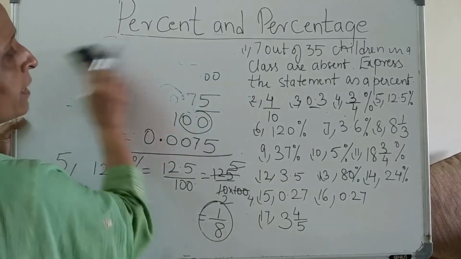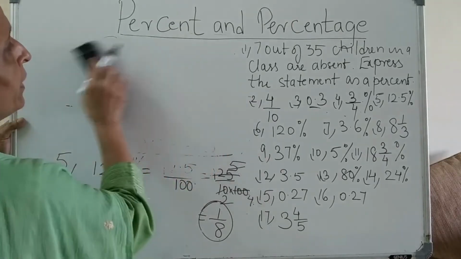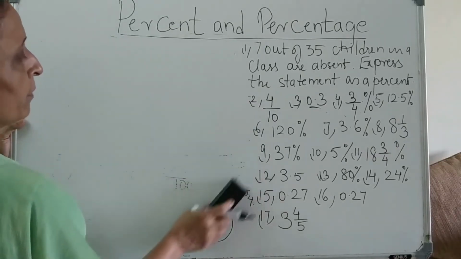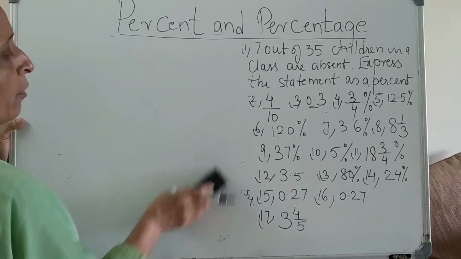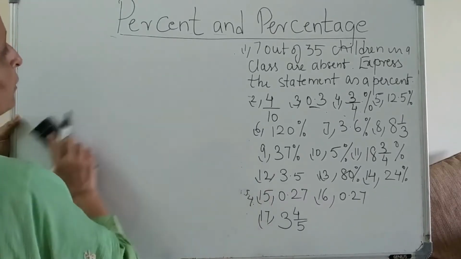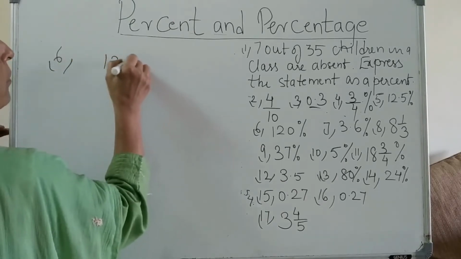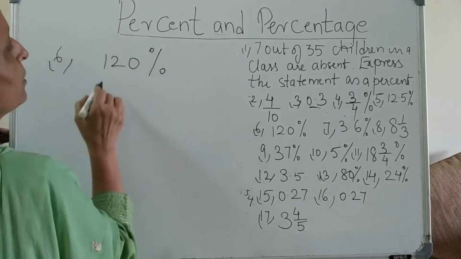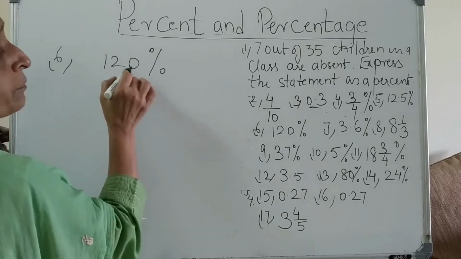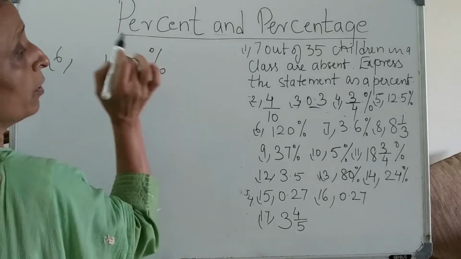Now next is 6, that is 120%. 120%, you want it in fraction. This is the percent already given.